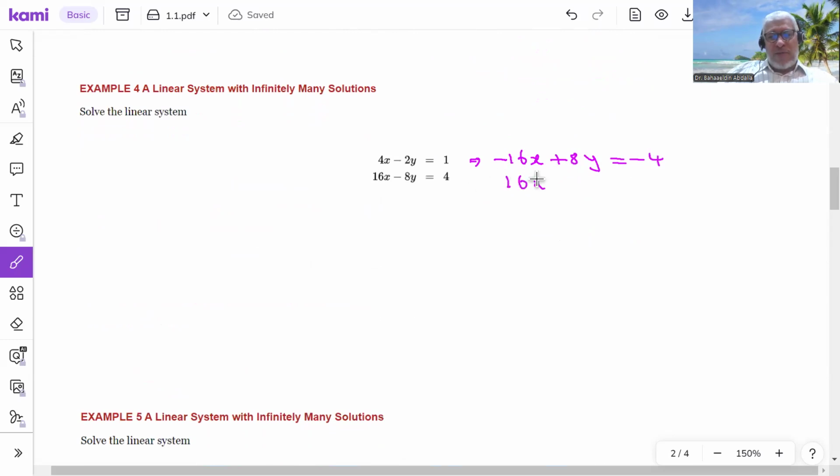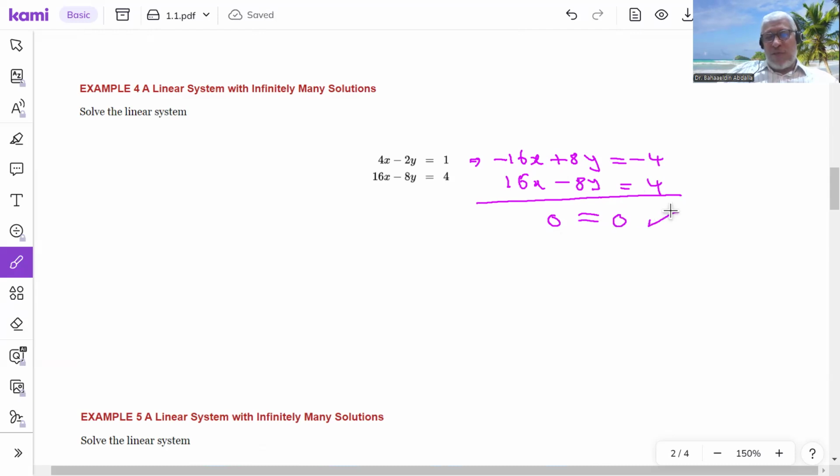And here I have 16x minus 8y equals 4. Now, if you add the two equations on the left-hand side, I'll have 0 because 16 cancels with -16 and 8 cancels with -8. And here -4 plus 4 is 0.